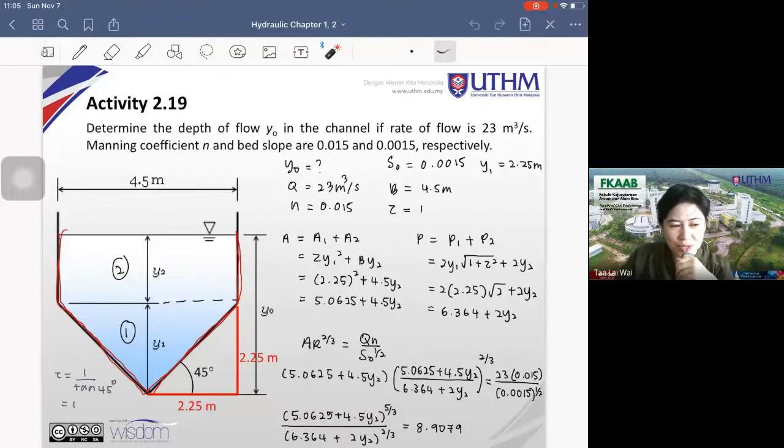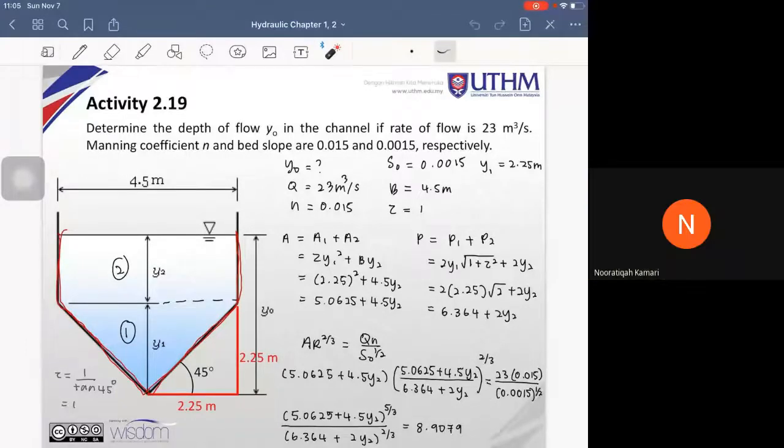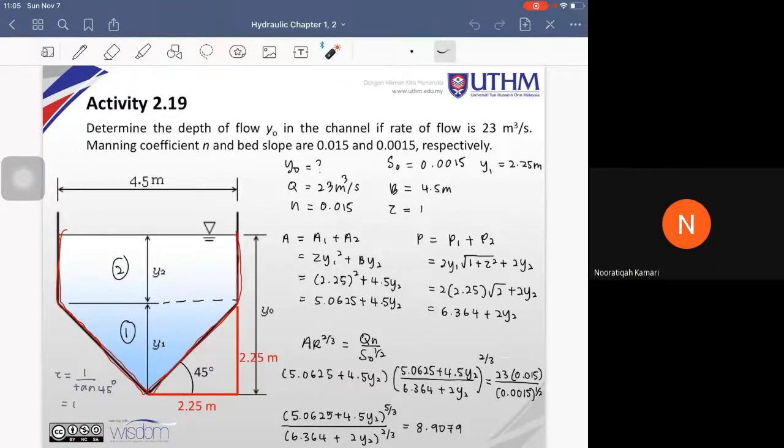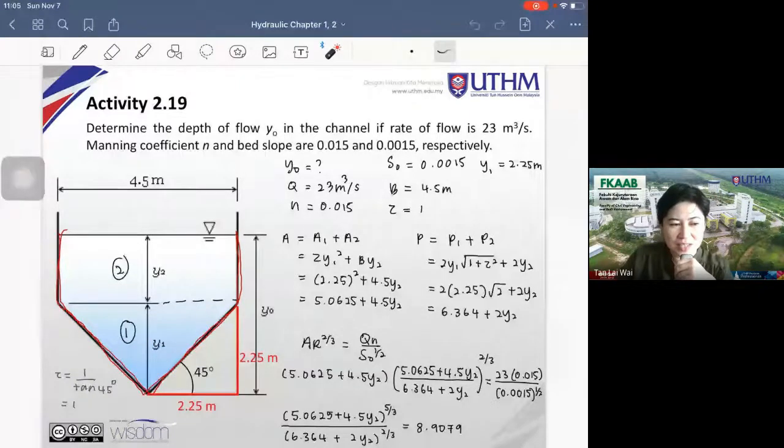Based on the 45 degree angle, we know the side slope of the triangular section is 1 to 1, right? So the width of each triangular section would be half of 4.5, which is 2.25. So Y1 is also automatically 2.25 meter because the side slope is 1 to 1. Right. Okay, thank you Atika.